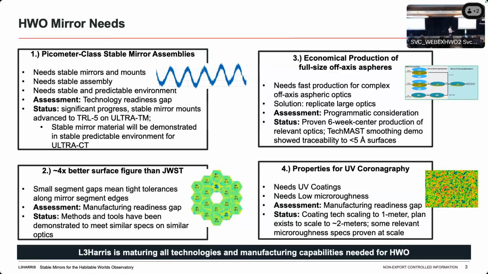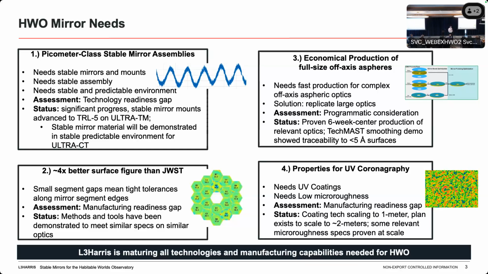We've done a lot of work on this. We've worked on stable mirrors and mounts and the assembly of them. We've worked on maintaining a stable and predictable environment with the Roman Space Telescope. Some of you may have seen Peter Miller's poster earlier this week, where we have results from RST in thermal vacuum that are traceable to tens of picometers RMS wavefront stability on orbit.